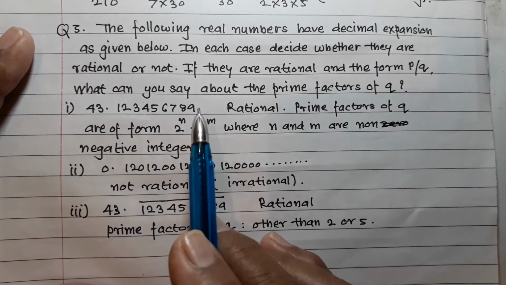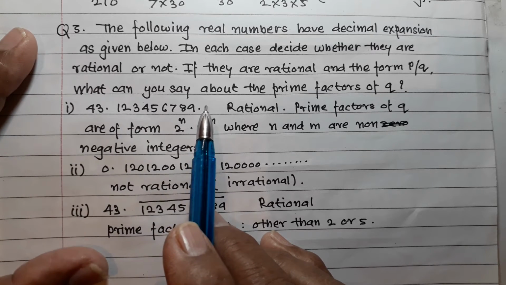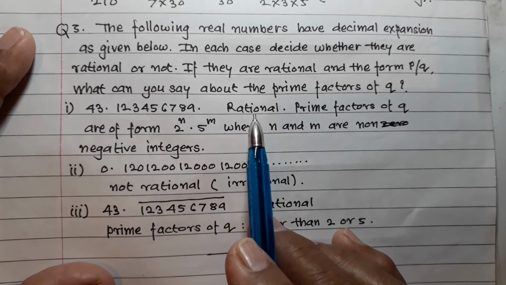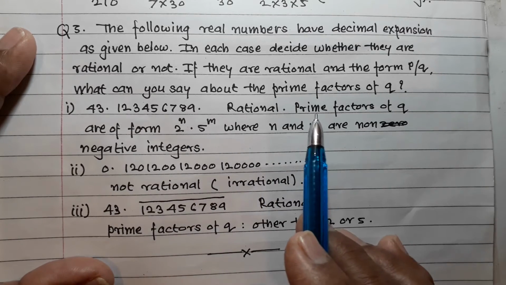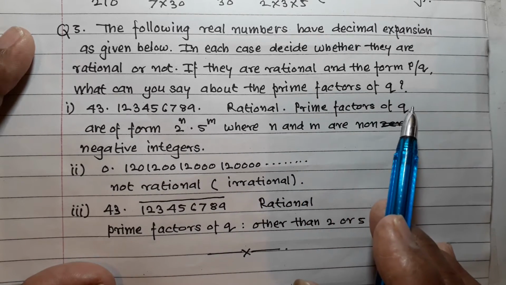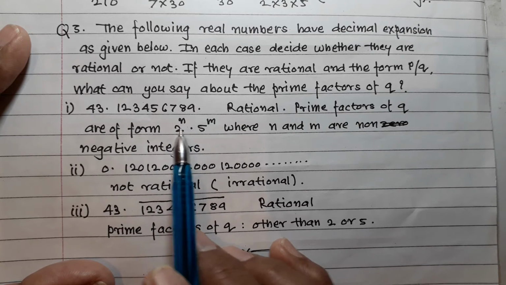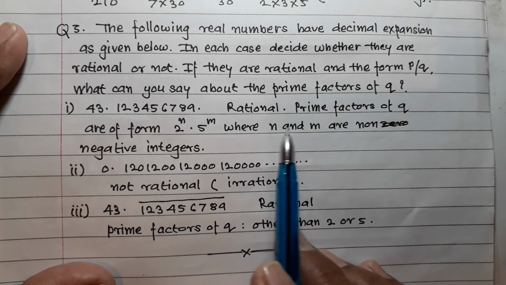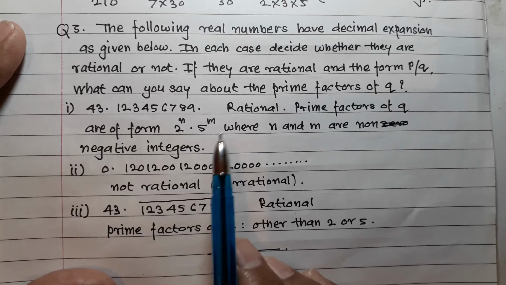43.123456789, and the point is given here. That means it is terminating. So this is a rational number and it is terminating, and therefore prime factors of q are of the form 2 raised to n into 5 raised to m, where n and m are non-negative integers.